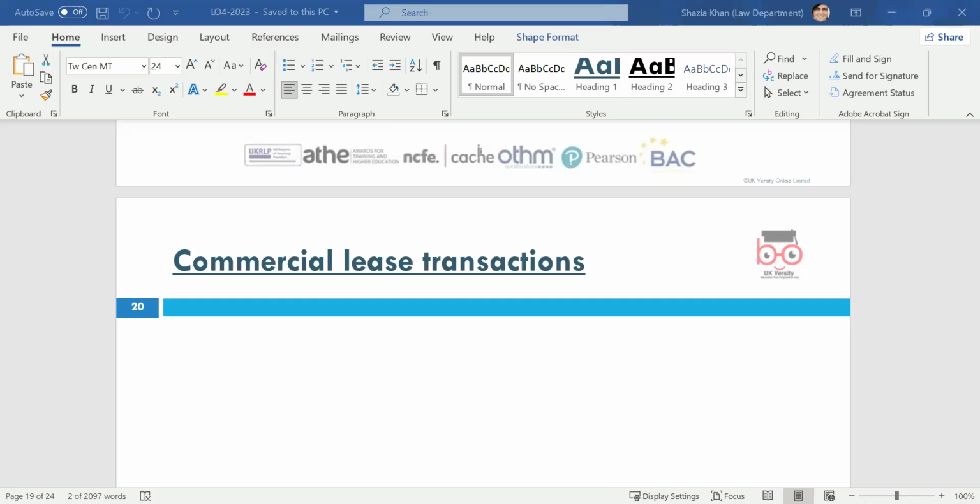The landlord and tenant discuss and agree upon key terms such as rent, lease duration, maintenance, and renewal. Then a lease agreement is drafted and signed by both parties, outlining the respective rights and obligations. Then the tenant takes possession of the property and begins commercial operation.